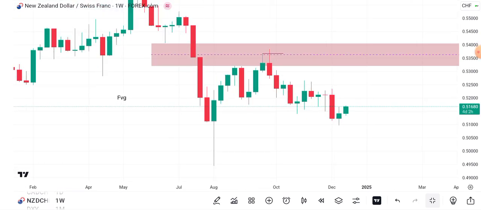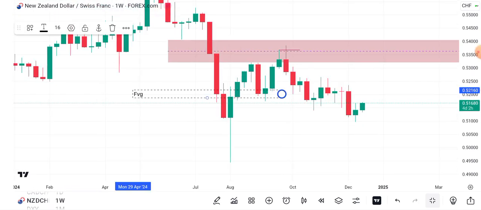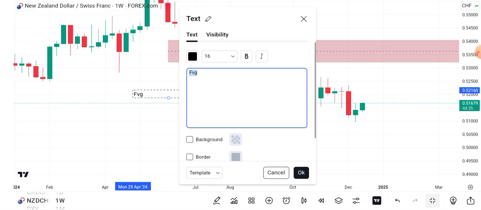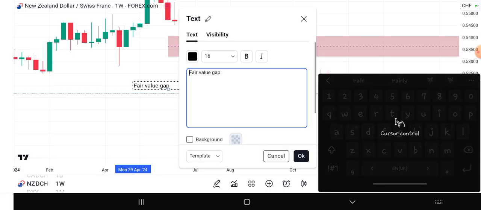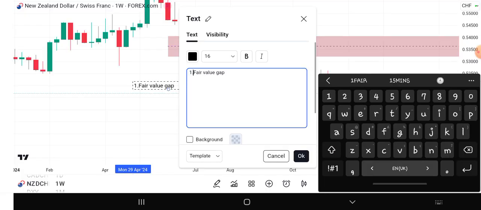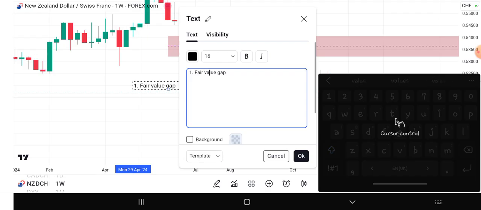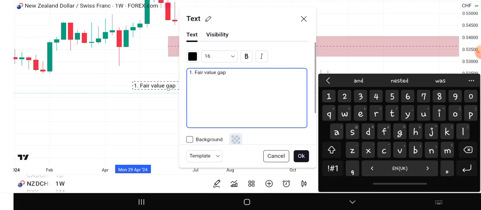The first thing that I saw on a monthly time frame was a fair value gap, which was this quite interesting fair value gap. Let me number them. Now the second thing we are seeing here is a stop hunt on the weekly time frame.